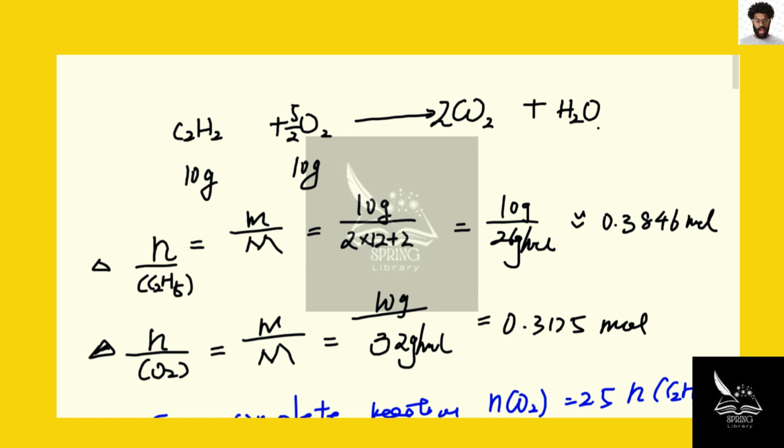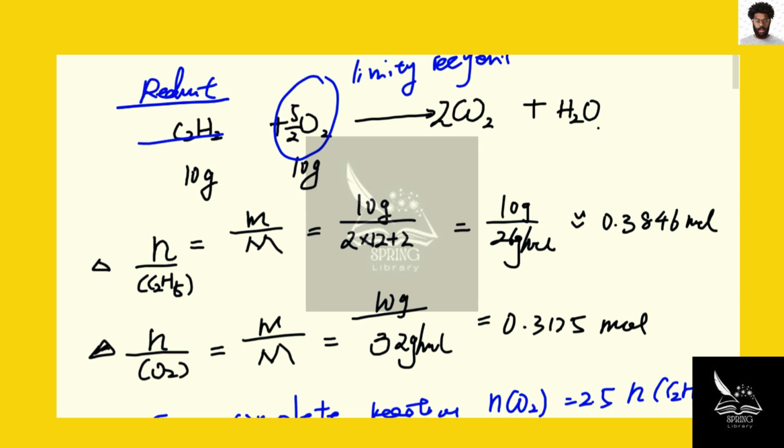But in the given situation, the ratio of the C2H2 and O2 is nearly 1-to-1. So in this case, the oxygen should be the limiting reagent, and the C2H2 is in excess, which means the production of CO2 and water will be determined by the amount of the oxygen used in this case.